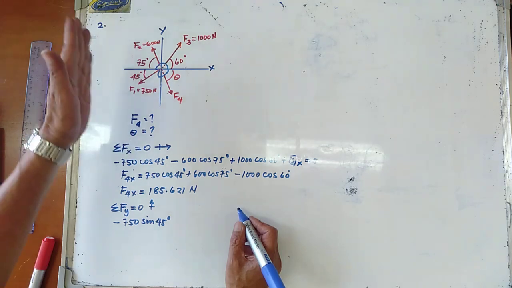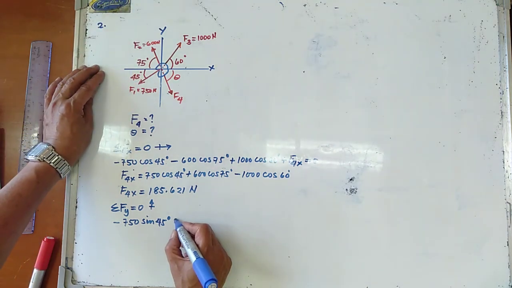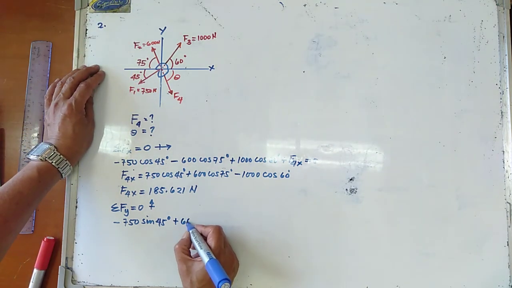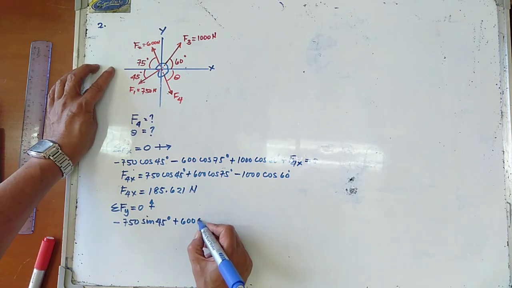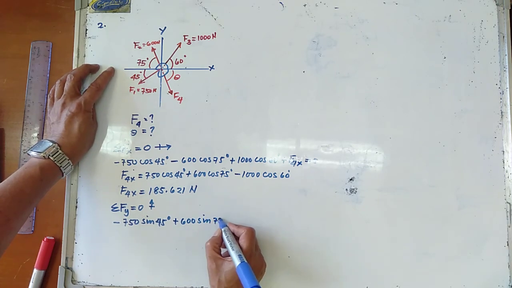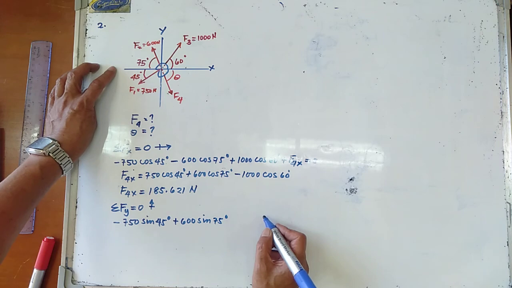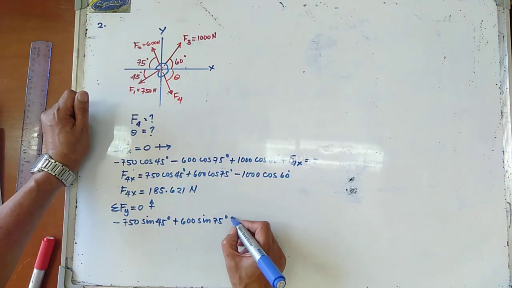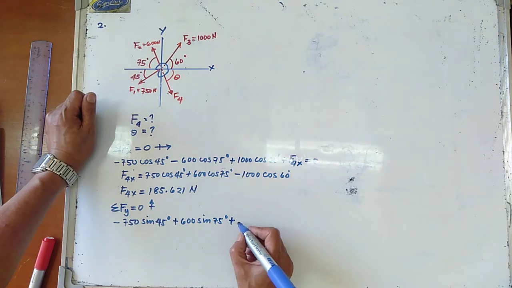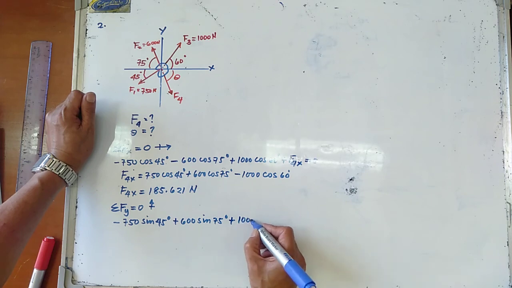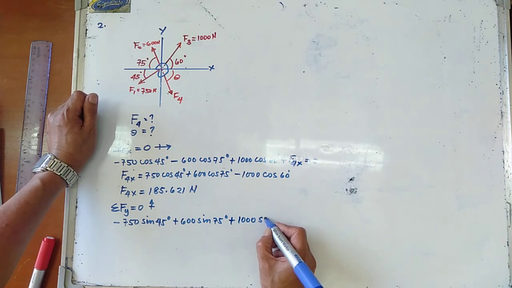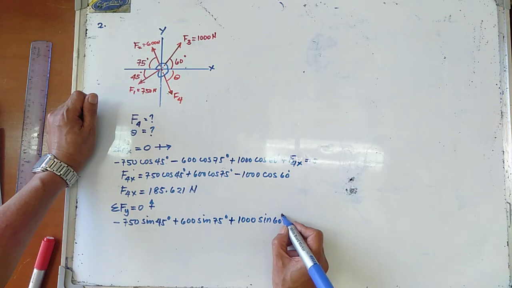And then your F2, the y component is going up, plus 600 sine of 75 degrees. And then your F3, the y component is going up, plus 1,000 sine of 60 degrees.